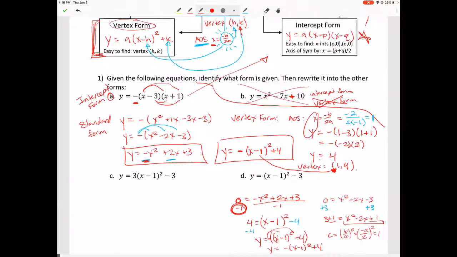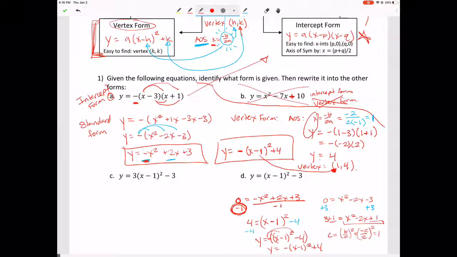That makes sense, okay? So maybe I shouldn't have said the whole thing about the a value. It's just we're putting this negative that we divided out back in. Since we divided the whole thing by a negative 1, we need to multiply the whole thing by a negative 1. So like I said, that's why I kind of prefer to just come up with the axis of symmetry and come up with it that way.